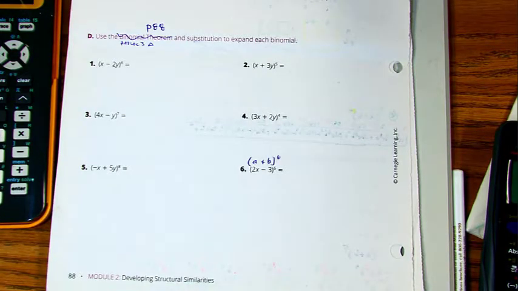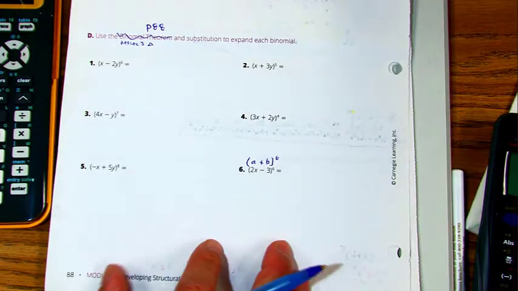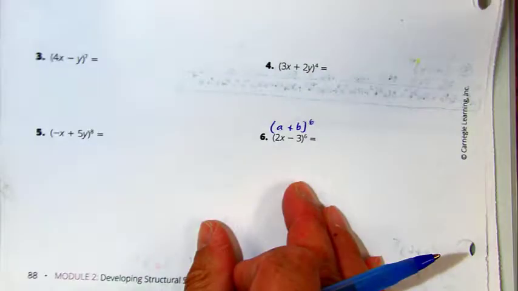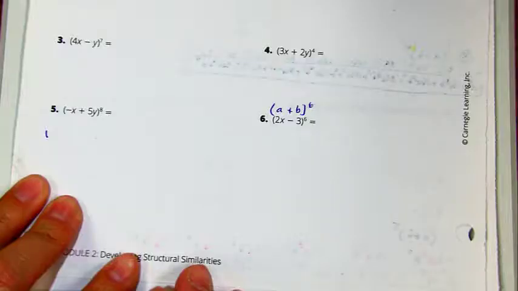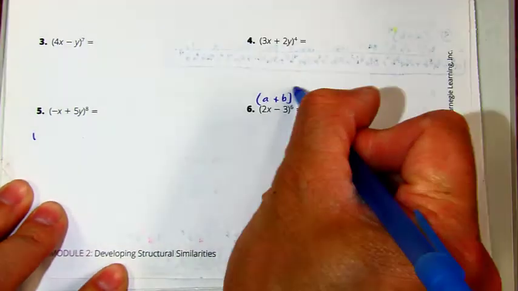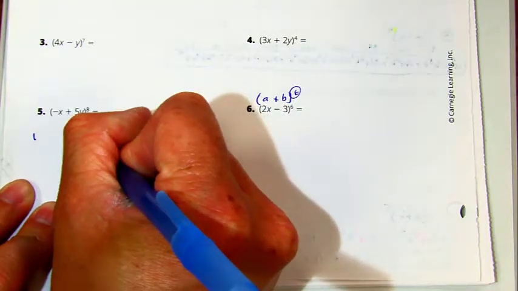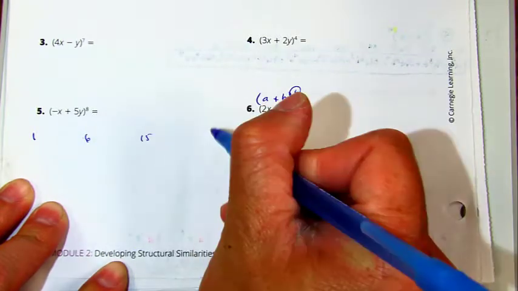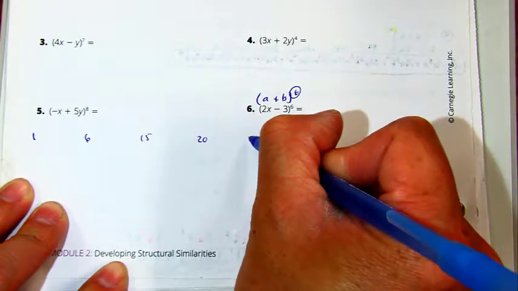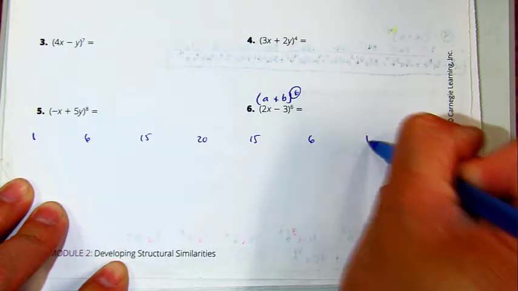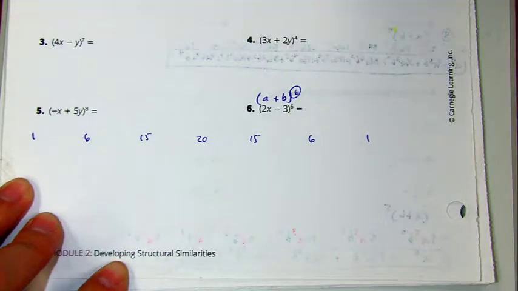Using your chart from yesterday, help us get the coefficients. Darlene. Thumbs up, thumbs down? Okay.